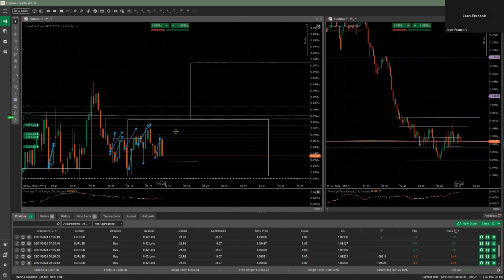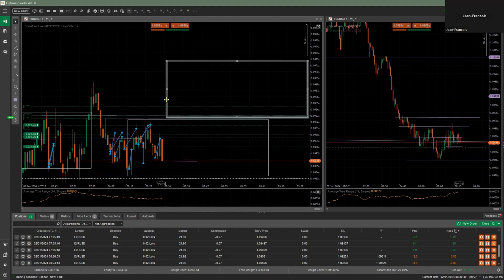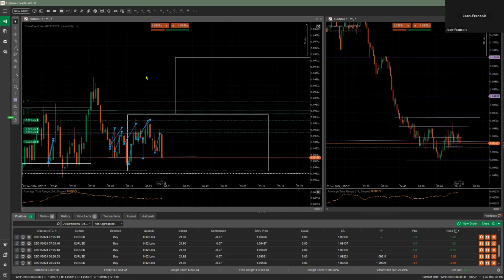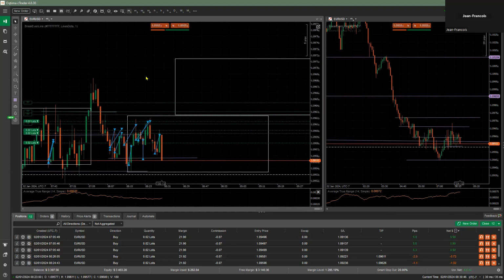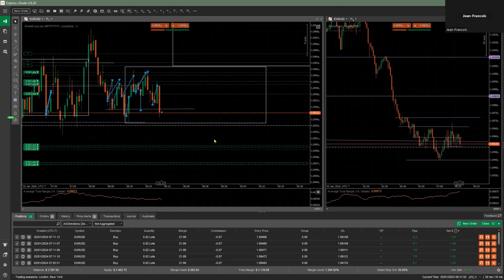So I'm waiting to either break the bottom of the box to spend more, or if we get to the top of the box, I get to recycle these 4 clicks. It's because I built that long position, that swing trade position, from the very low right here. These trades down here.